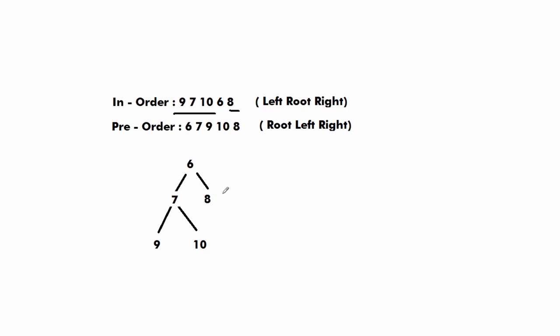Now our next task is to find the post-order traversal of this particular tree. And for finding the post-order traversal, we have a trick. In that trick, first of all, we will draw a symbol like this. After drawing these symbols, we will have to start from this end and cross all these symbols, and then we will get our post-order traversal.